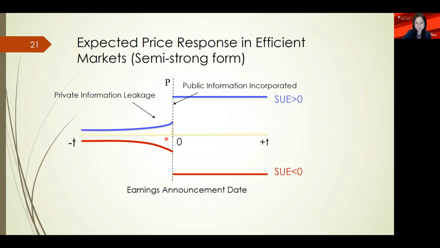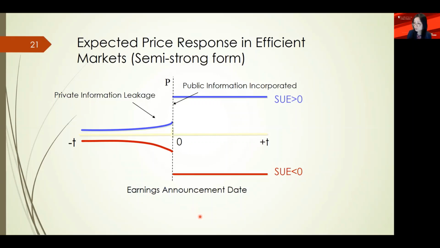Private information can move the price over time. But once the information is announced publicly, the price moves up for good news and down for bad news, and then it should stay there on average, with no drift and no reversal, until new information arrives. That's what we are supposed to observe under a semi-strong form efficient market.